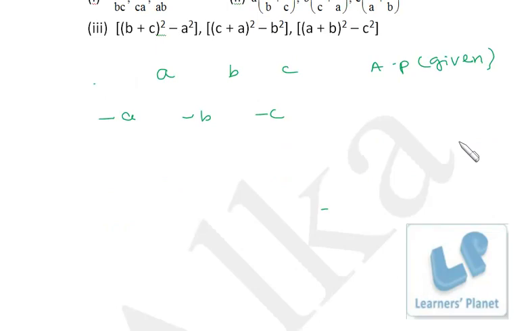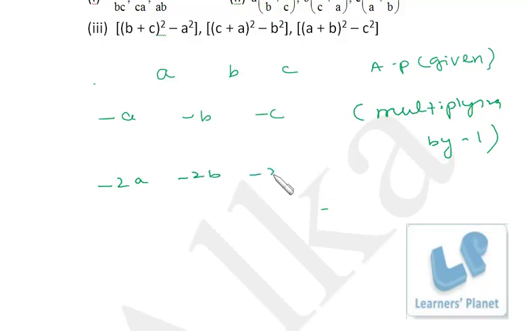Okay, I multiply by -1. Minus A, minus B, minus C are in AP. Now again I multiply by 2. So minus 2A, minus 2B, minus 2C will also be in AP.